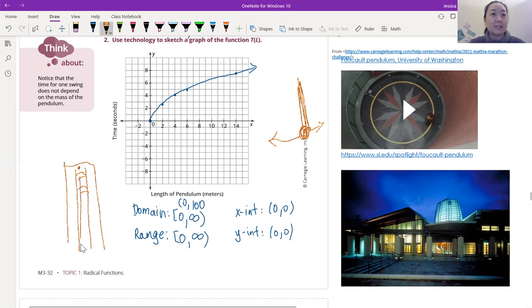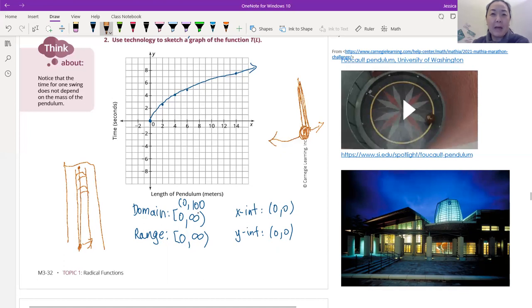And then you could see this thing swinging back and forth. That would be interesting. Too bad I'm not an architect. But for anybody who wants to be an architect, that would be a good challenge.